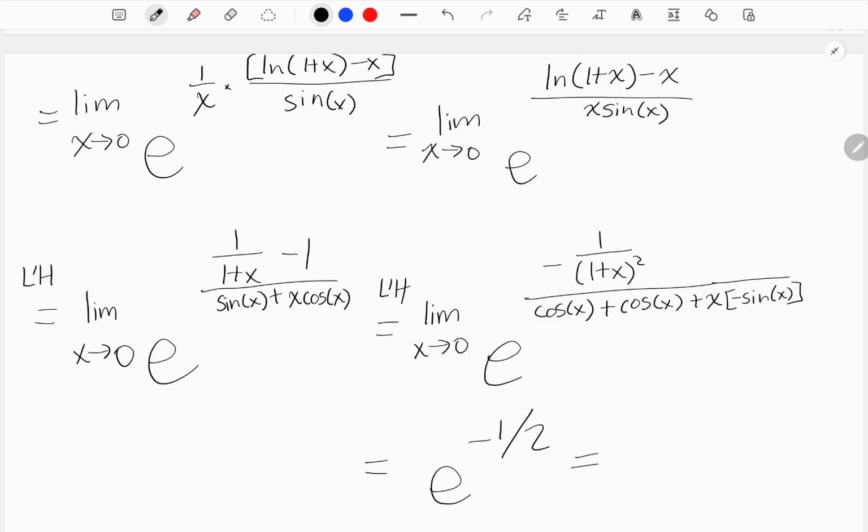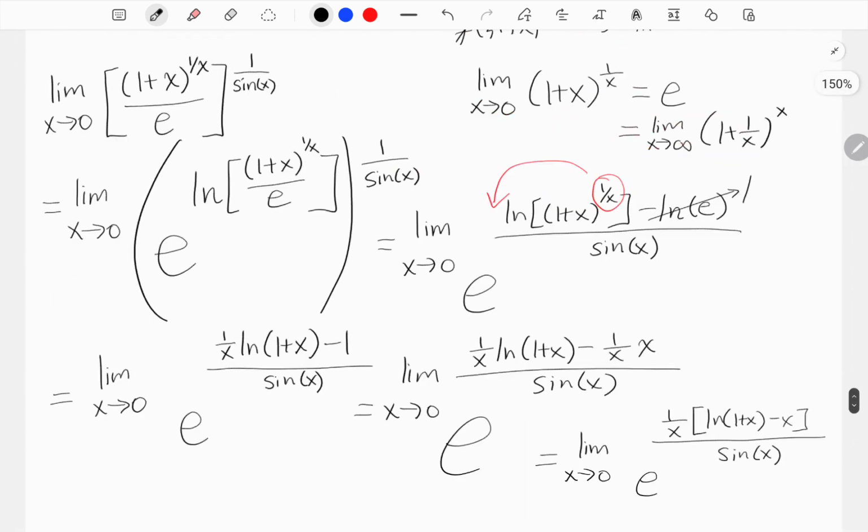So e to the negative 1/2, or you can say 1 divided by e to the 1/2. Remember, a negative exponent means that e to the 1/2 goes downstairs, so it's 1 over e to the 1/2. But what's e to the 1/2? A 1/2 exponent is a square root.